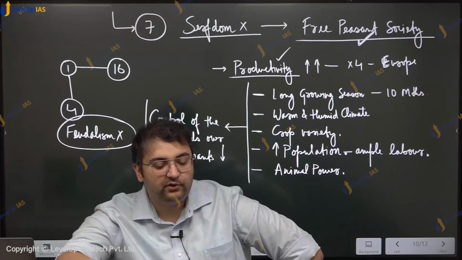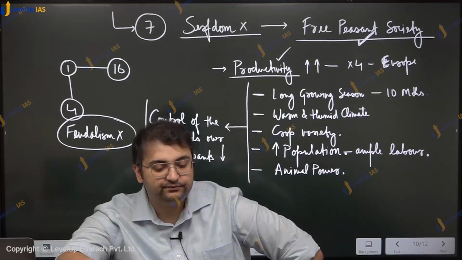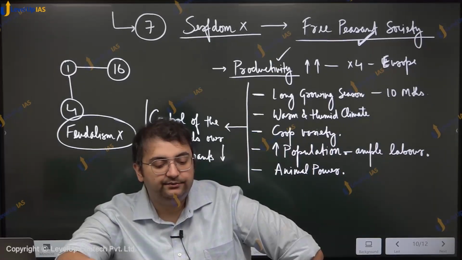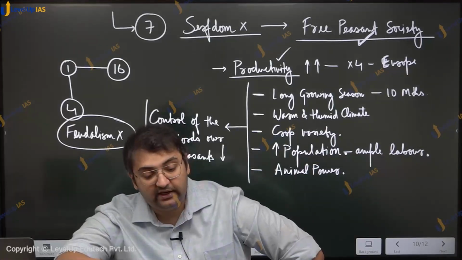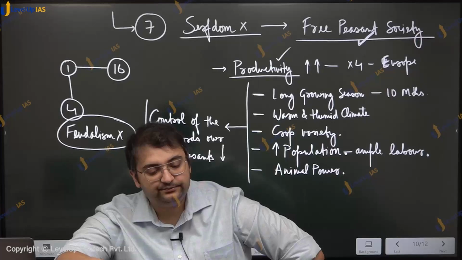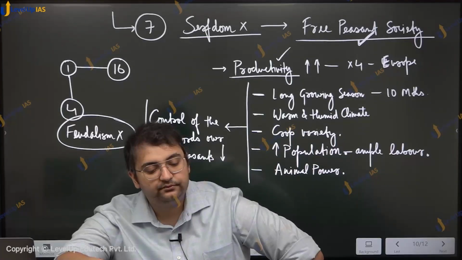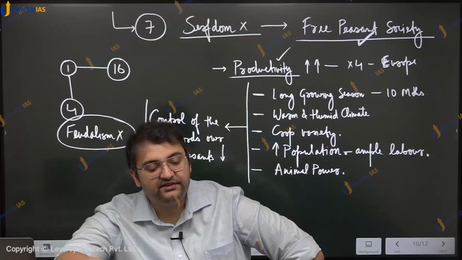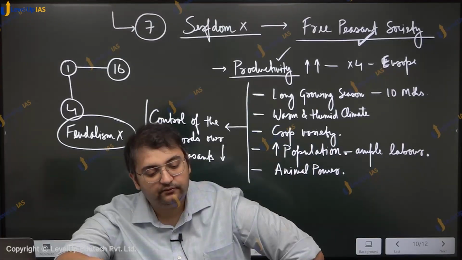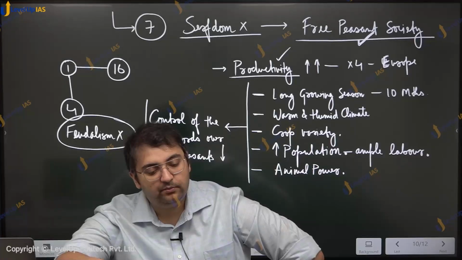The peasants or the cultivators, who constituted a free peasant society, enjoyed a significant degree of economic and physical mobility.